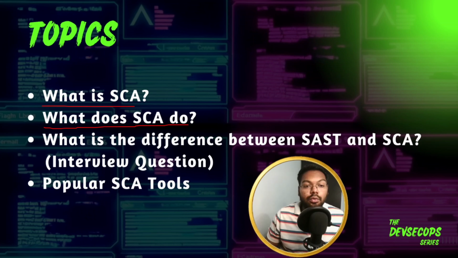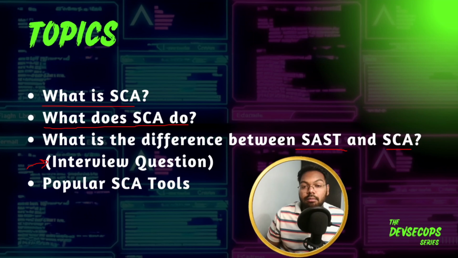Then, what do we do in SCA? What kind of analysis is it? And then, what is the difference between SAST and SCA, which we learned previously? This is an interview question that a lot of people fail to answer, as I have experienced in my own case as well. Before I was aware of DevSecOps and the different methodologies, I too got confused between the basic difference between these two.